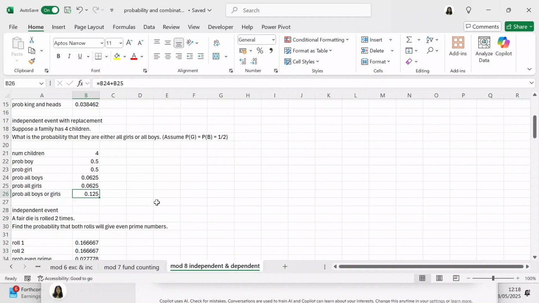And the probability of all boys or all girls is B24 plus B25, that's probability of all boys plus the probability of all girls, which is 12.5%. And the thing is, if it's an or, it's an addition, and if it's an and, it's a multiplication.